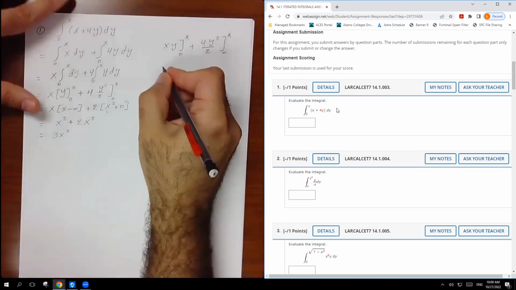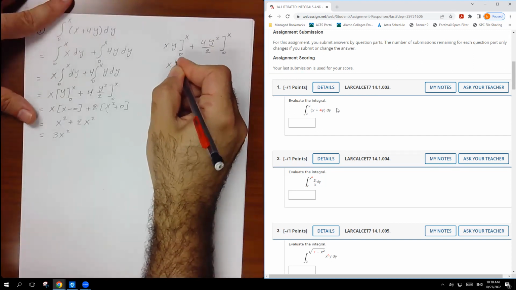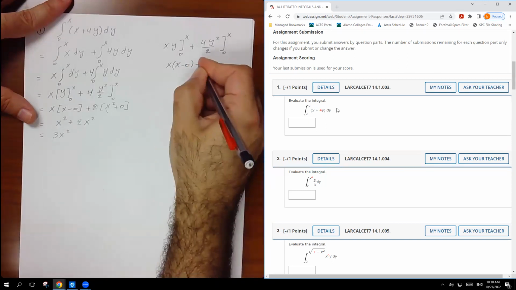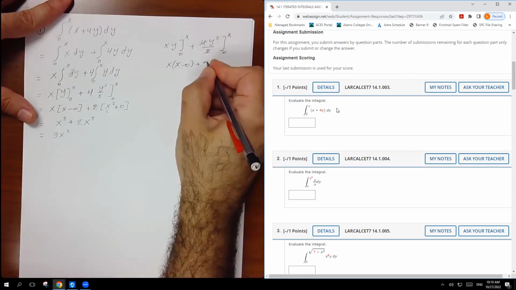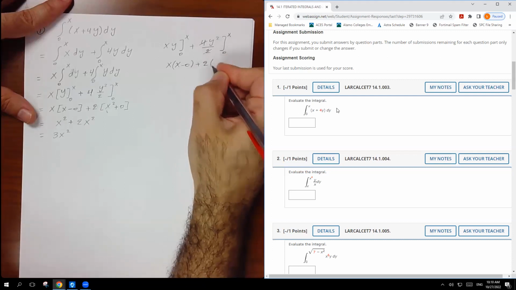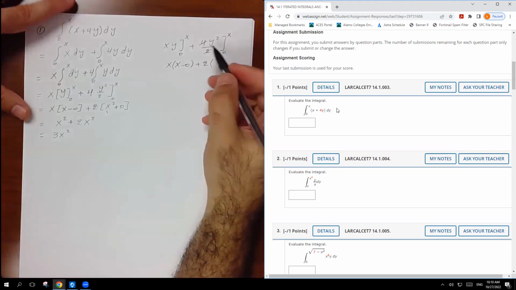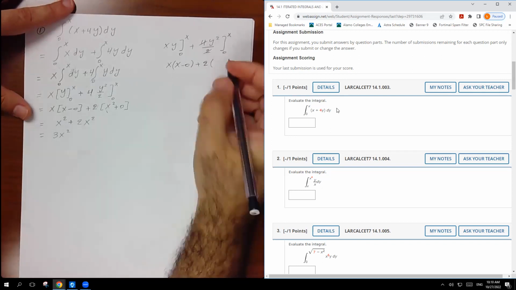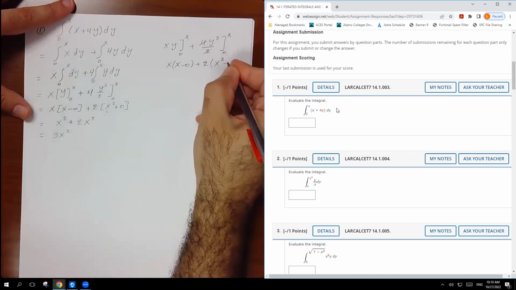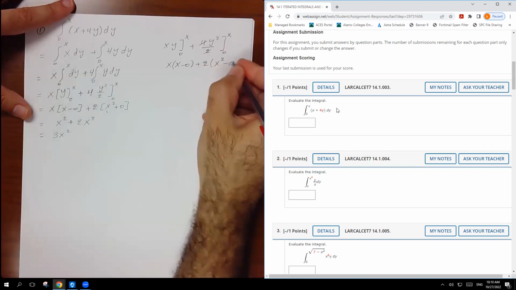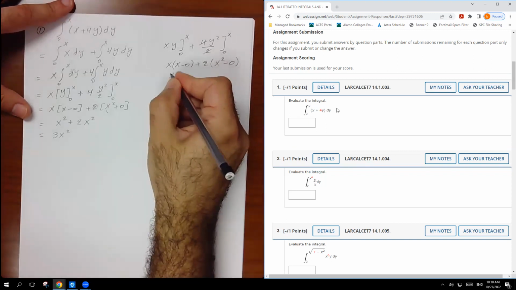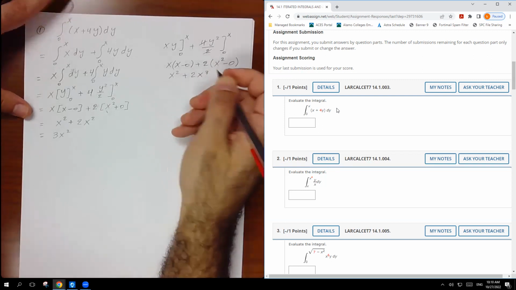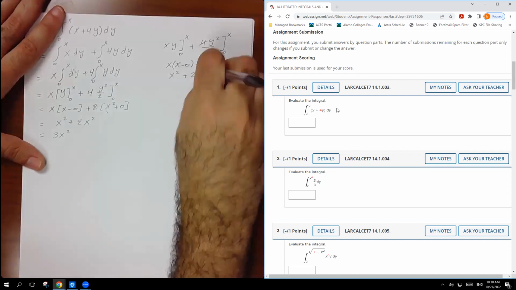Then this one is going to be x, plug in the y, which is x minus 0, plus simplify these, is 2, and plug in the x, it's going to be x squared minus 0 squared. So it's going to be x squared plus 2x squared, and it's going to be 3x squared.